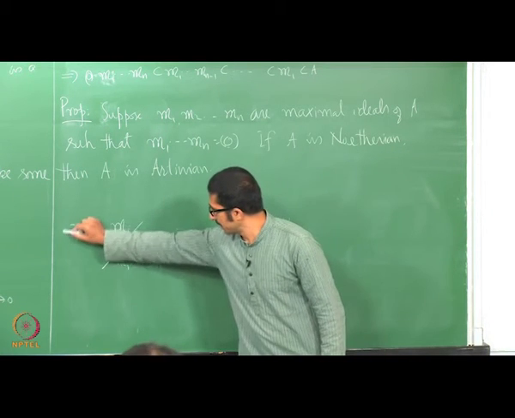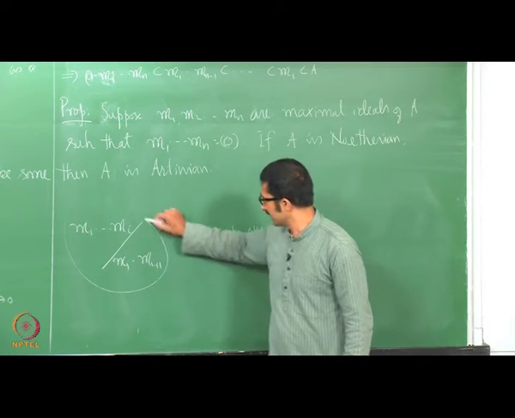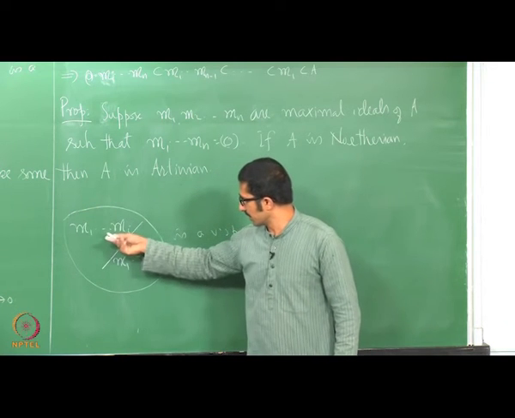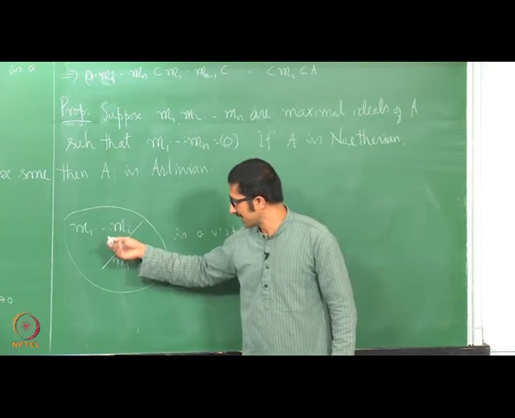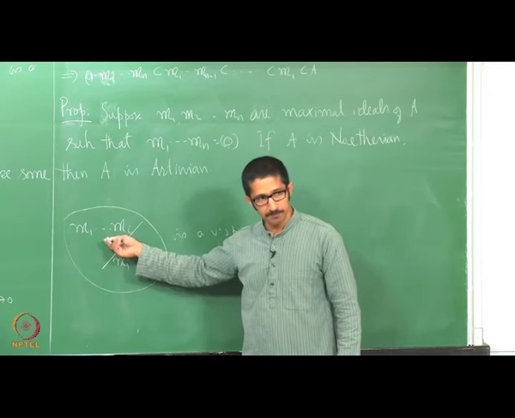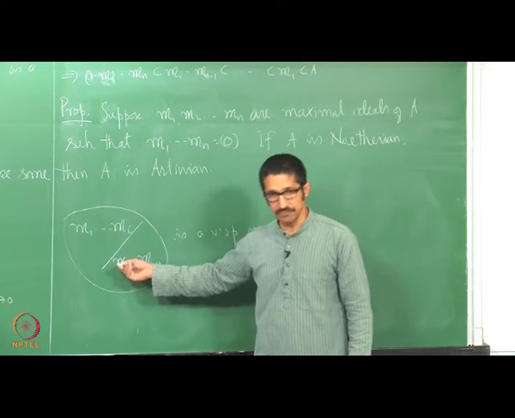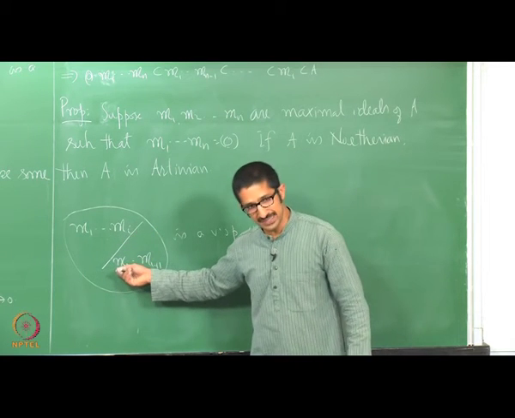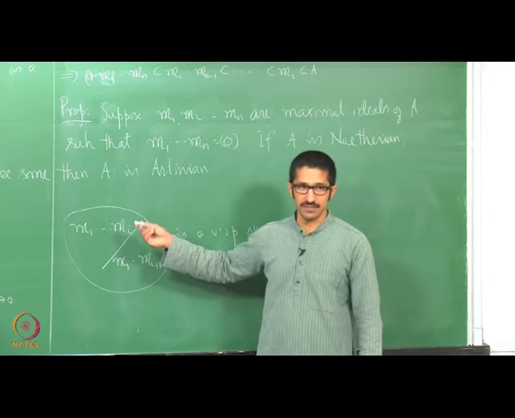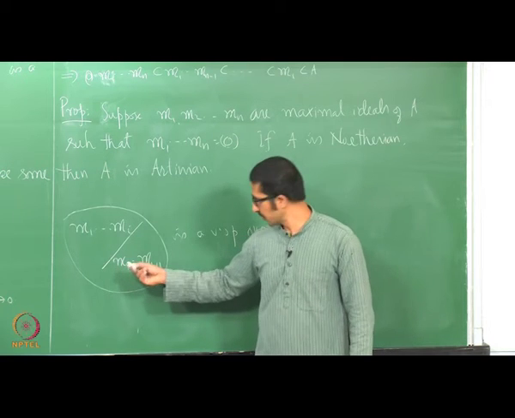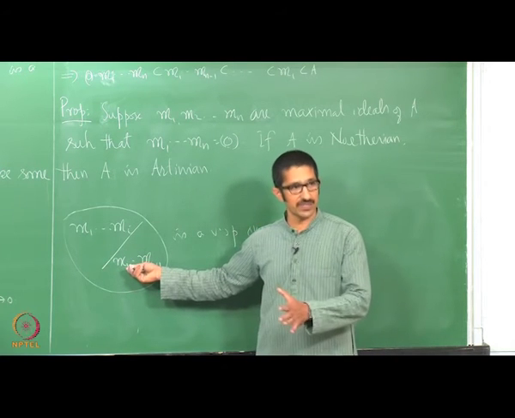So, this one satisfies ascending chain condition if and only if descending chain condition if and only if this is of finite dimension, if and only if it is of finite length. So, on this module all these are equivalent.